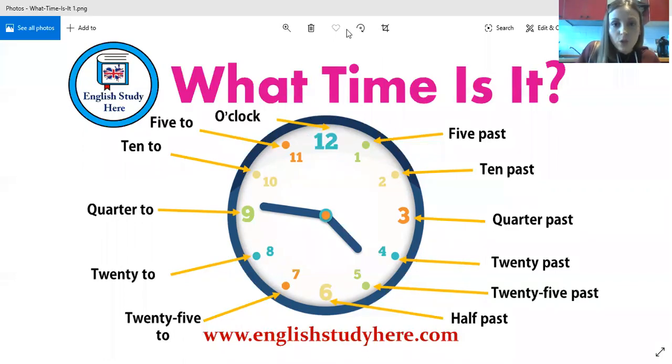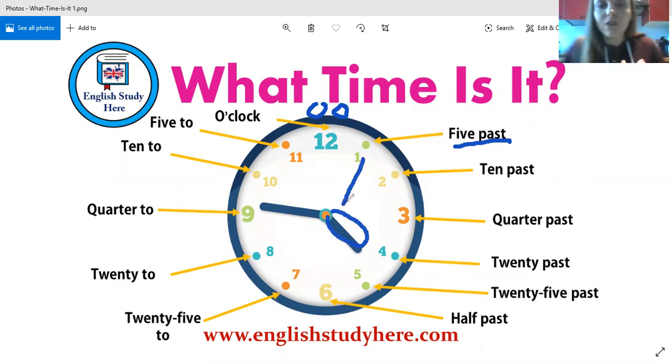Okay, now I'm going to show it to you by pointing it. So this is 0, 0. So it is 12 o'clock. Here you see it is 5 past. So if you see this short hand here, it is 5 past. If this is the long hand and this is short, you see 5 past 12.